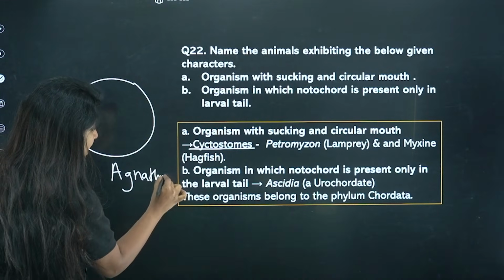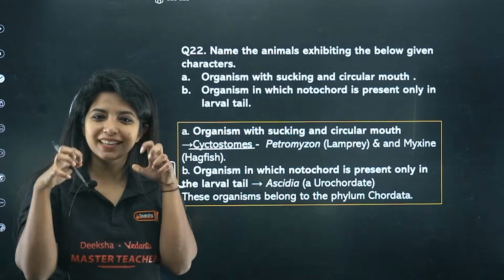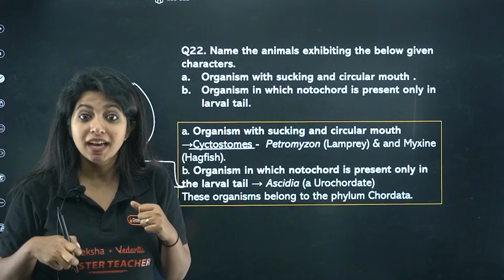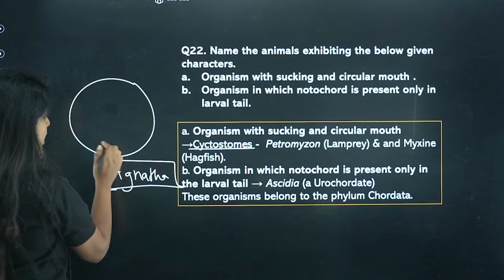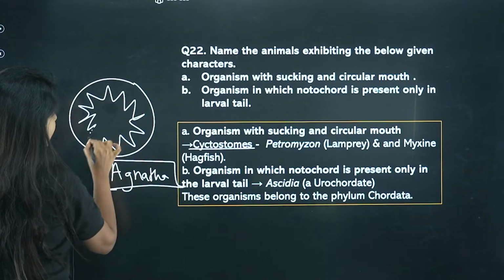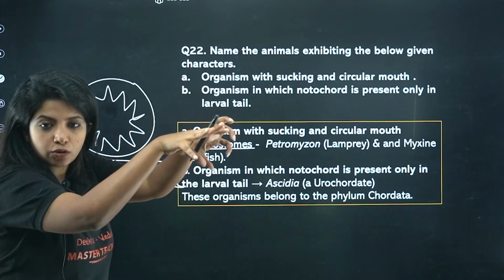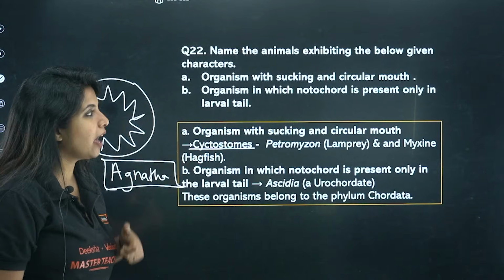What do I call them? Agnatha, the ones without jaw. So ma'am, they don't have anything to crunch up things. They do have. And my dear children, it looks like this. Their mouth is like this, and they have an arrangement like this. With that arrangement, they can suck into some places and have whatever they want.